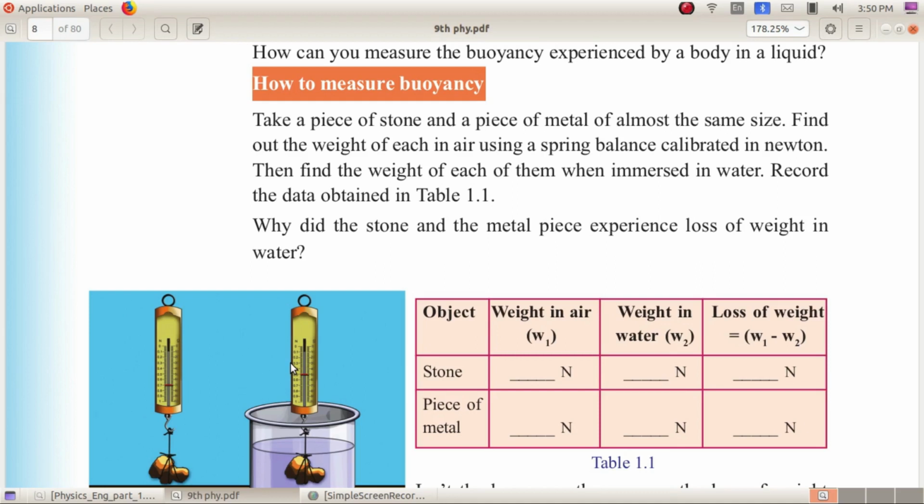To find the weight of the stone, its weight in air is measured like this, and by dipping this stone into water, we get the reading or the weight corresponding to the weight in liquid.